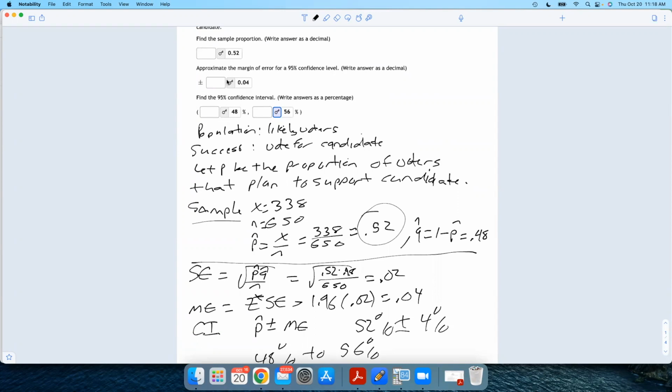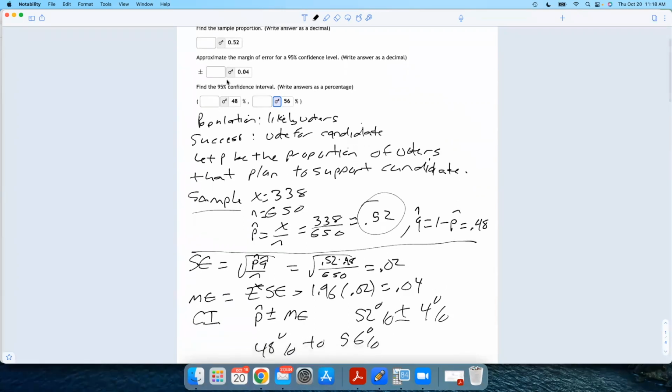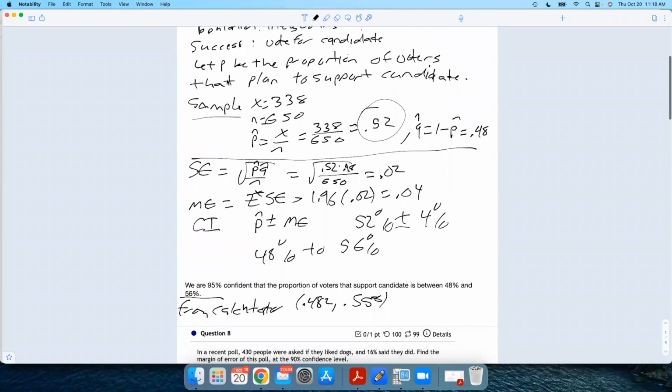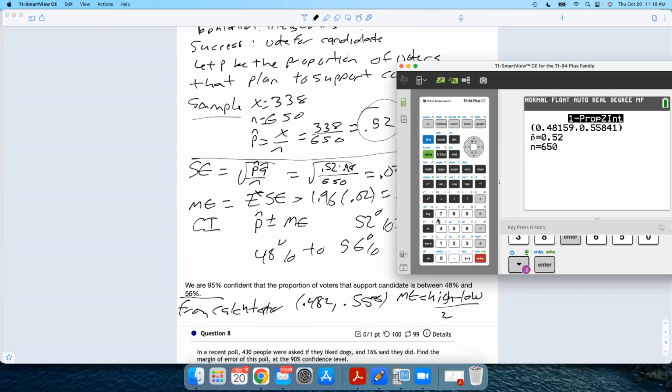Now I got to work backwards to find the margin of error. So how am I going to find the margin of error? Remember, the margin of error, the shortcut is it's always high minus low over 2. The big one minus the small one over 2. So I could just do that now. Now, if I type this, I'm going to get the wrong answer.